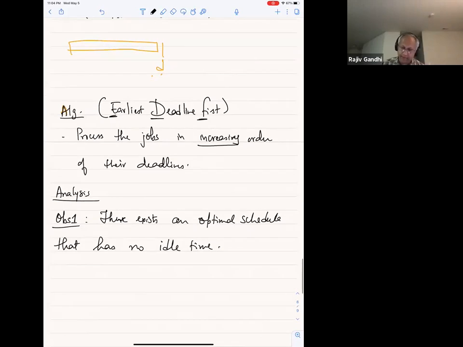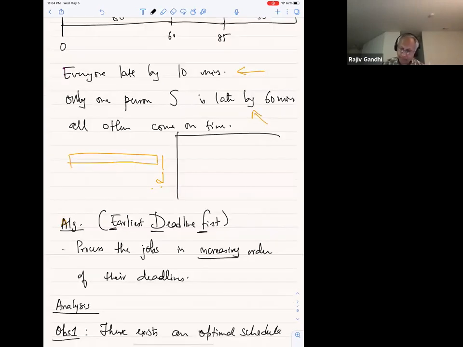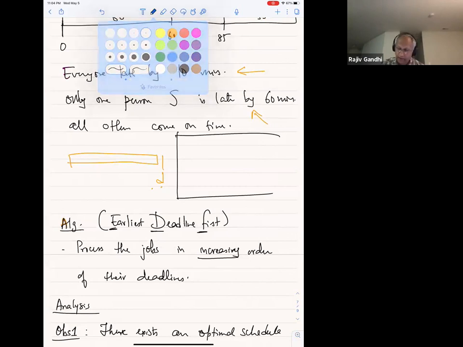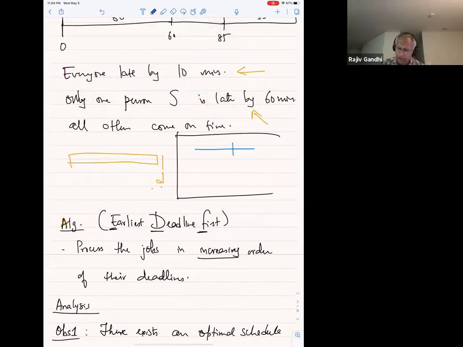So, for example, let us say that you have this job with processing time, let's say 50, and deadline is 25, and you have another job with processing time 5, deadline 10, and let's say only 2 jobs. You should still process this first and this second.